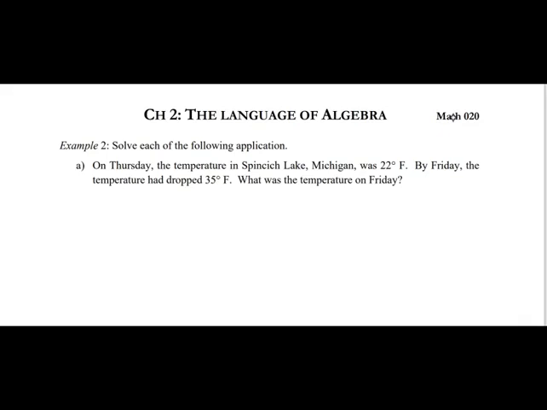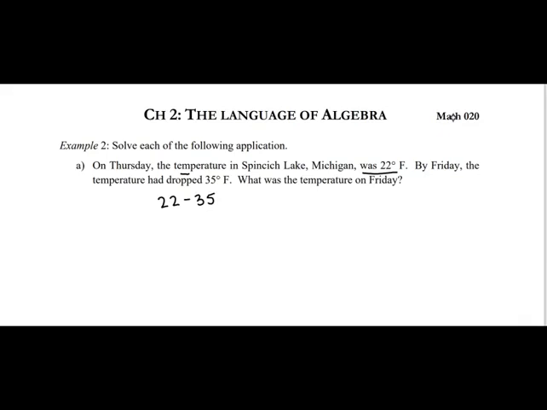So we start at 22 Fahrenheit and we dropped. That means we subtracted 35. So let's go ahead and write that problem. We had 22 where we started, and we need to subtract 35 to get the resulting temperature.